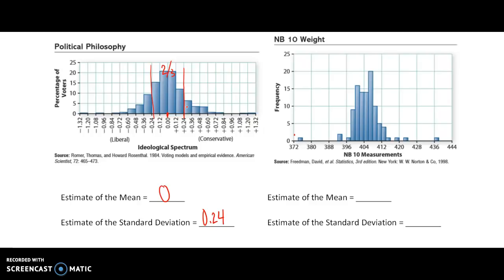Okay. Hopefully you paused it. When I look at this data, I'm looking at a nice bell curve happening kind of like that. And so I'm still thinking that my mean is happening right about here. And then I'm trying to find where 2/3 of the data is.